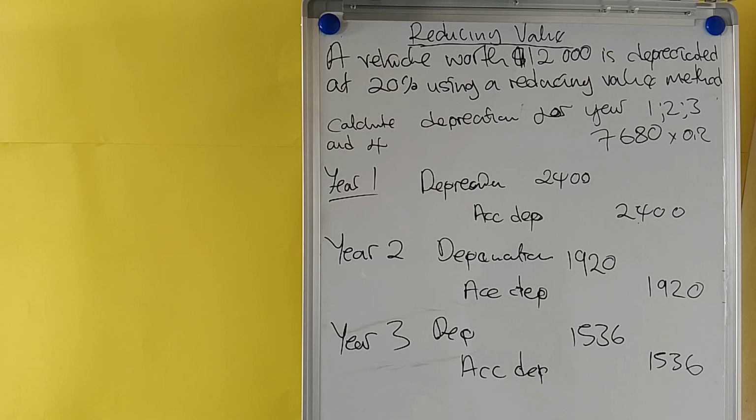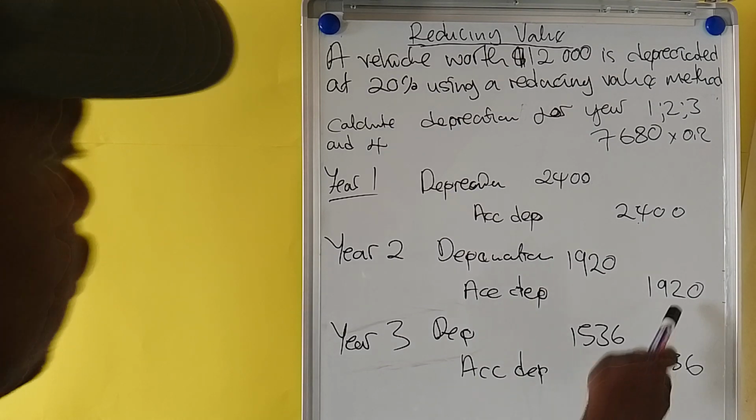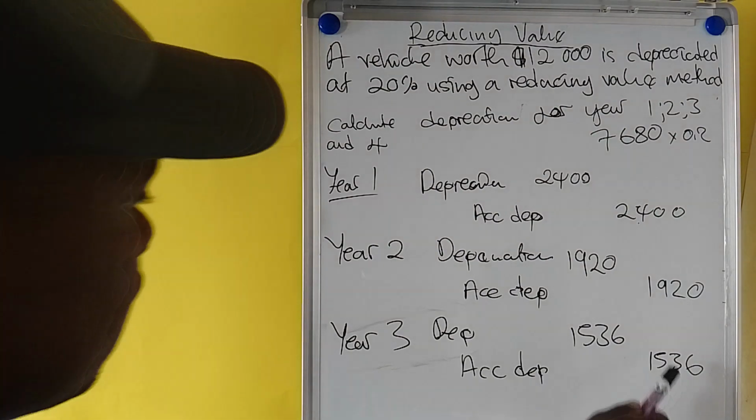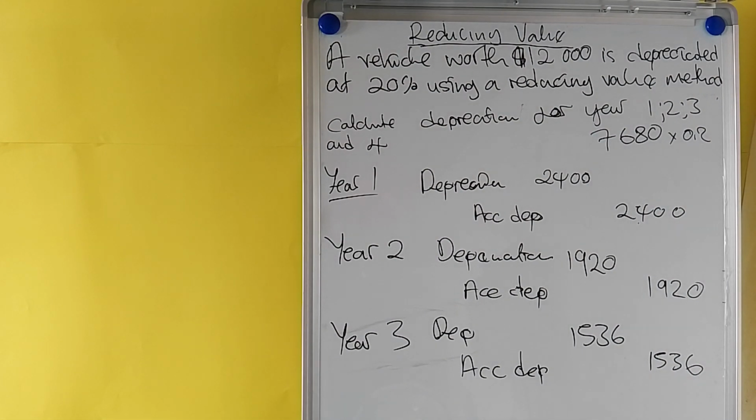We take the total accumulated depreciation: 2,400 added to 1,920, added to 1,536.